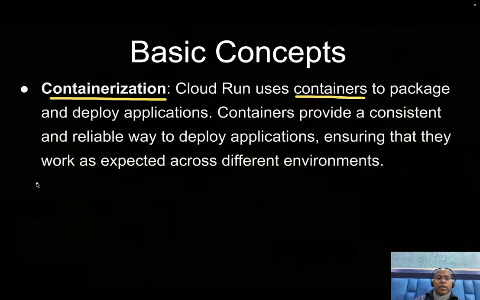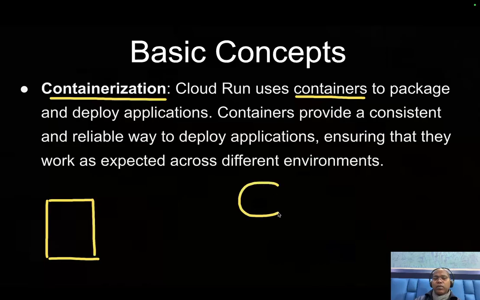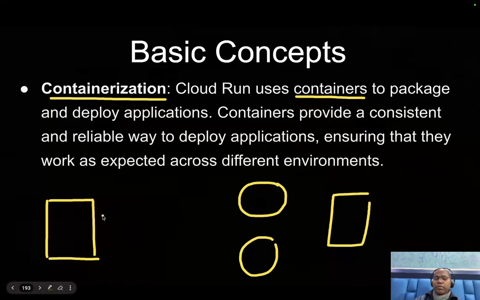Okay, so containers help us. Whenever you build software, you want your application to behave the same across different operating systems, different infrastructure, different situations, with no library issues or environment issues. So what do you do?